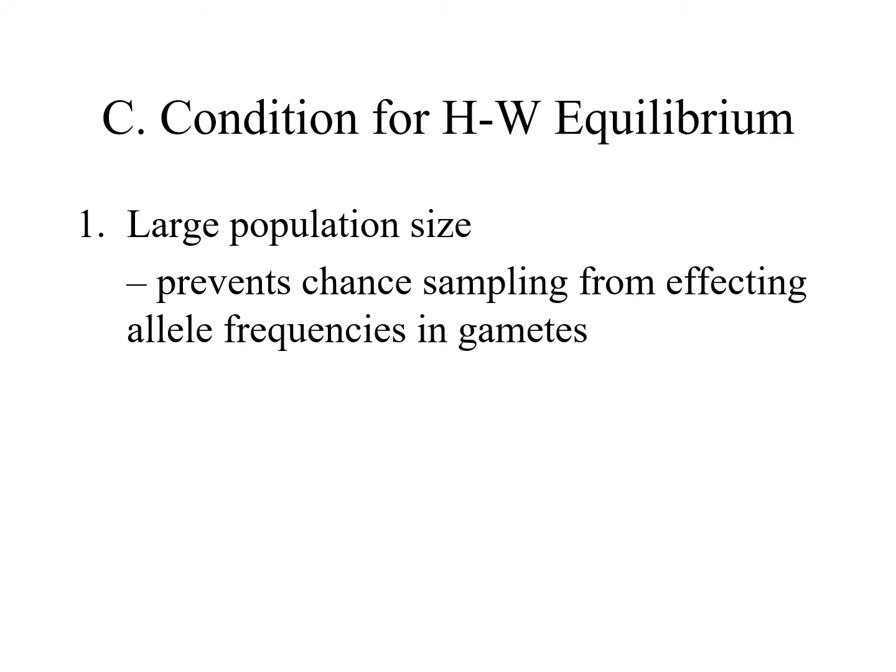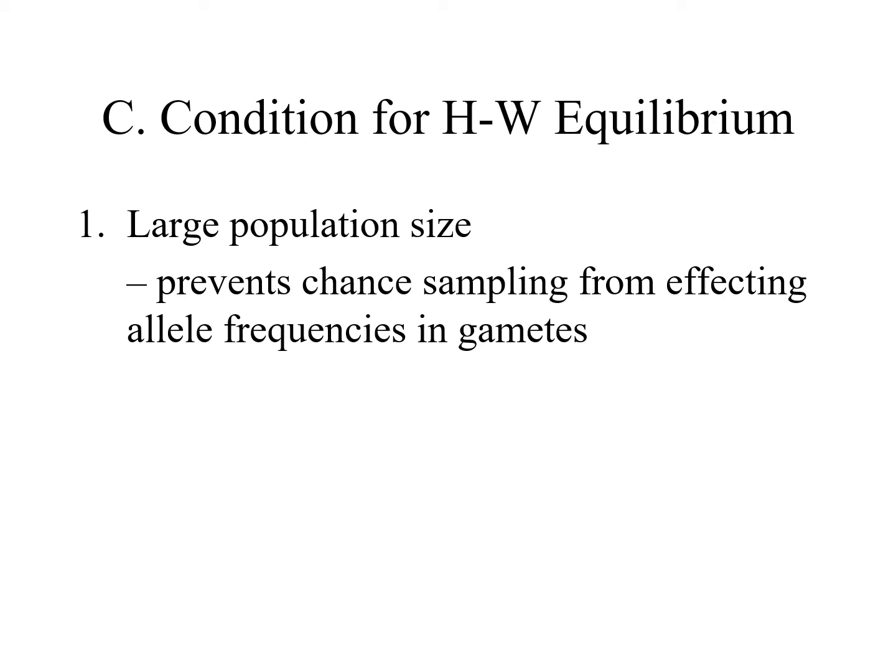All right, so what are those certain conditions? The first is that population size must be large enough to prevent chance sampling from affecting the allele frequencies in gametes.